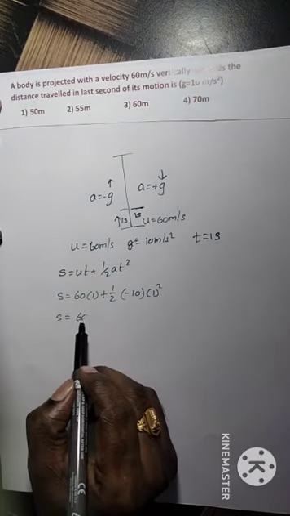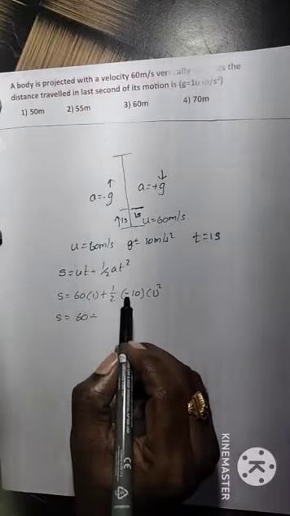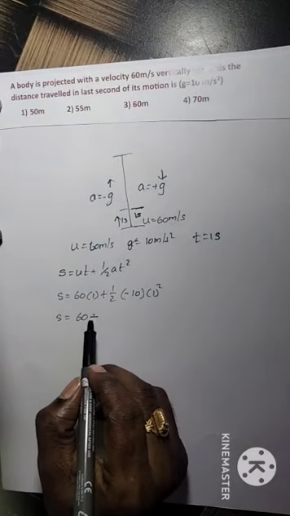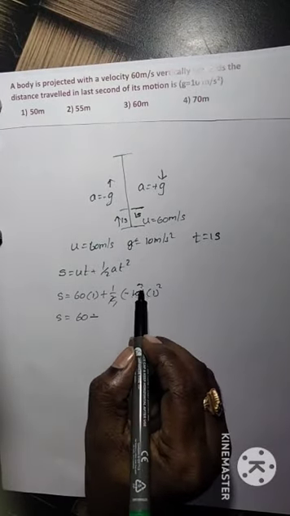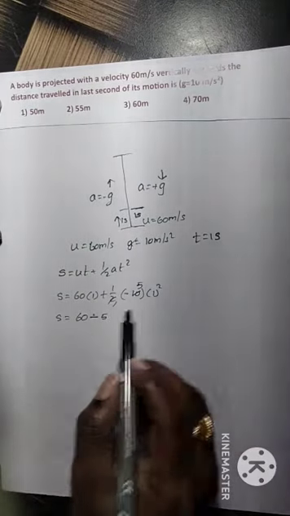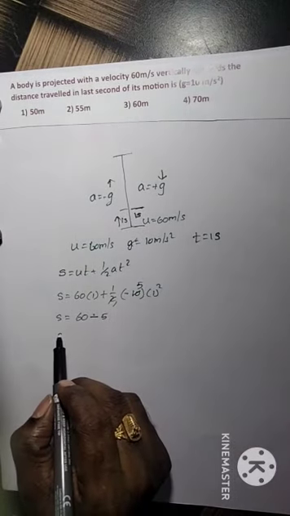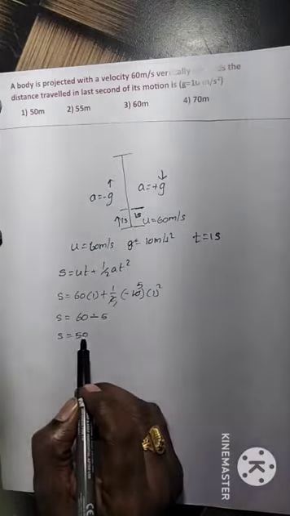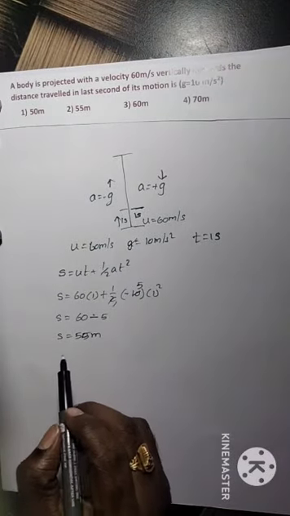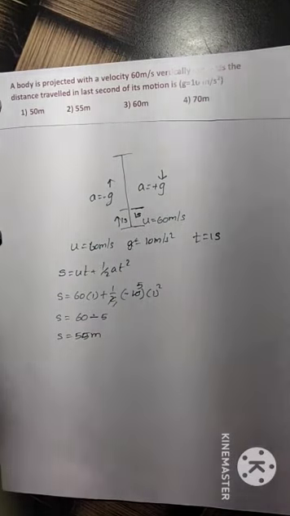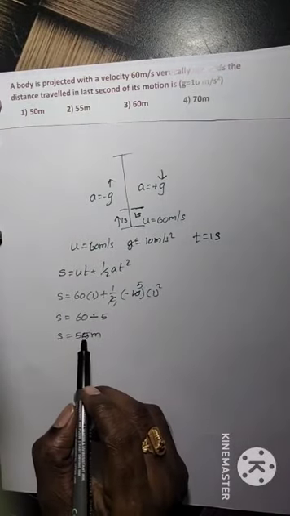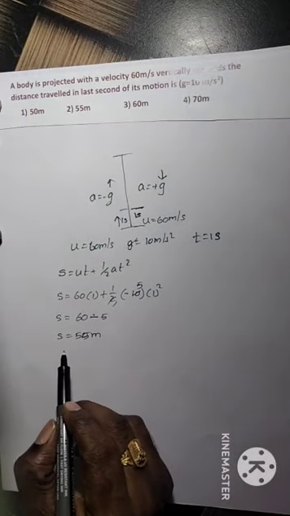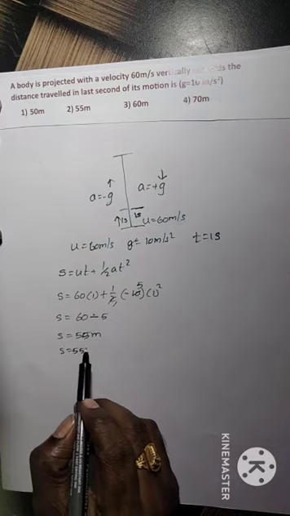S is equal to 60 plus minus half into 10, that becomes minus, 2 fives are 10, so minus 5 into 1 is nothing but 5 only. S is equal to 55 meters journey it takes place. So the last second in an upward motion is equal to 55 meters.